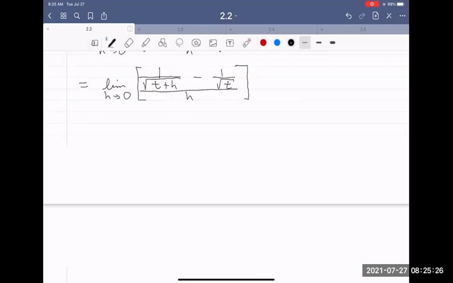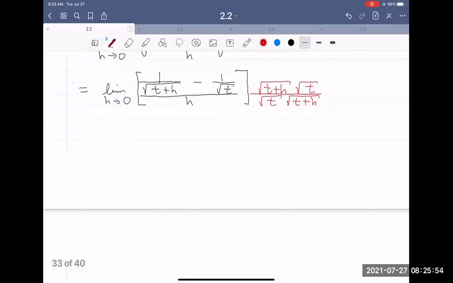Let's multiply the numerator by the square root of t plus h times the square root of t. And do the same thing in the denominator. Maybe I'll write the t first and then the t plus h. So let's multiply and divide by the square root of t plus h times the square root of t. Well, the square root of t plus h's will cancel.